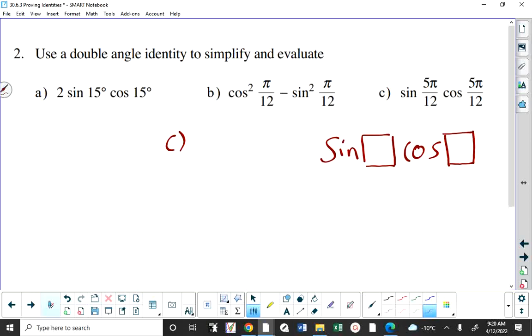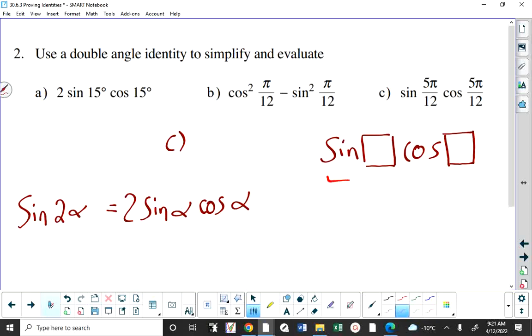I do, however, have this identity on my formula sheet: sine of 2 alpha equals 2 sine alpha cosine alpha. And what we have here is part of what we have here. So what we're going to do is take that identity I've written down on the left and arrange it so that I do have sine argument, cosine argument.